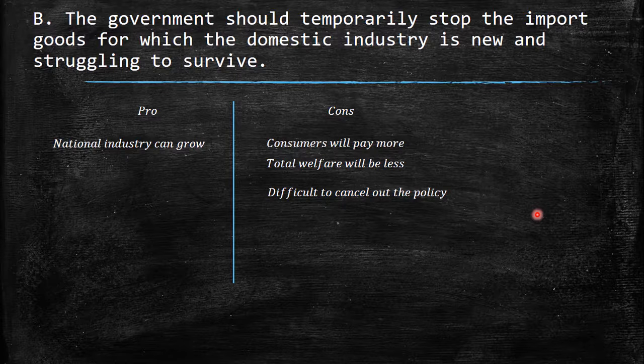As you know, when there is protection of one industry, once the government wants to cancel this policy, there could be a lot of problems, because in some way the industry association can lobby, they have to defend the national industry, so it could be very hard to cancel this policy of stopping imports.